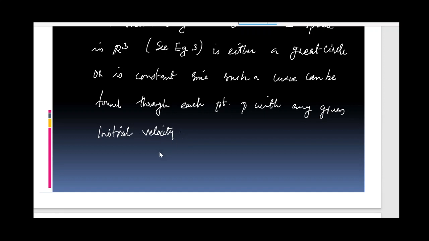That means the first one says that each maximal geodesic, if you're considering the two sphere in R3, that's our sphere itself, is going to be a great circle or a constant.